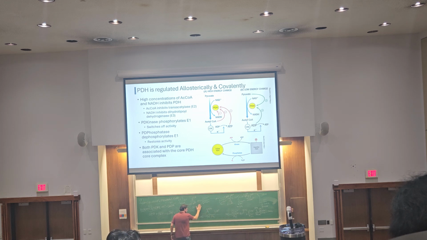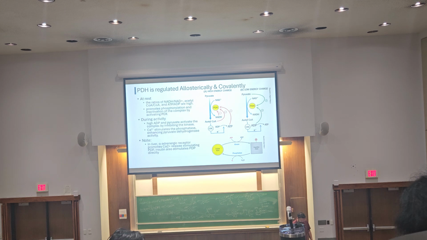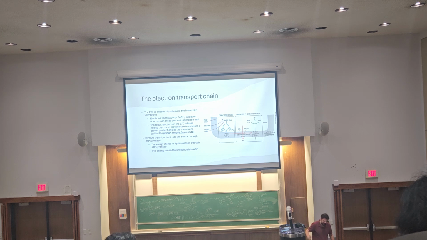So, if energy is not needed, what does that mean about the amount of ATP that the body has right now? Is it going to be high or low? High, right? So if the amount of ATP is high, let's come back over here, right? If the amount of ATP in the cell is high, will this process take place? No, right?